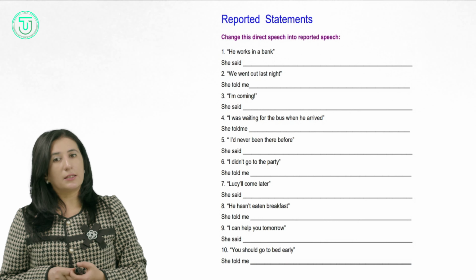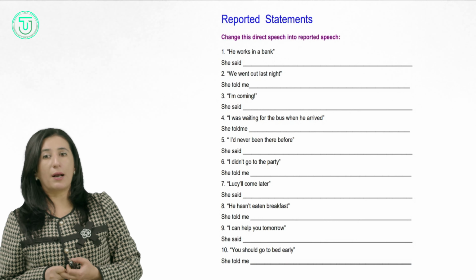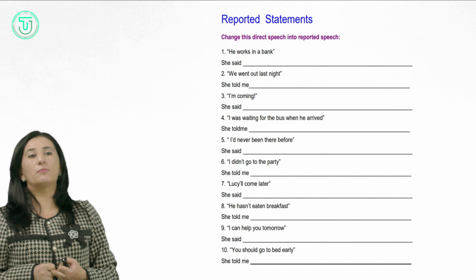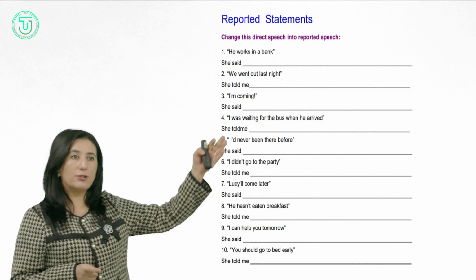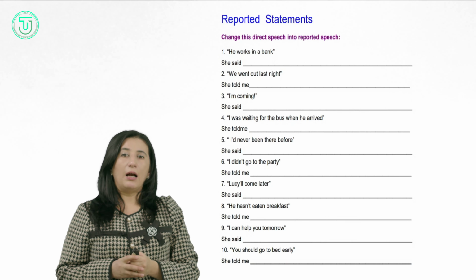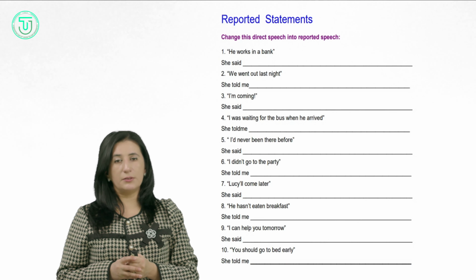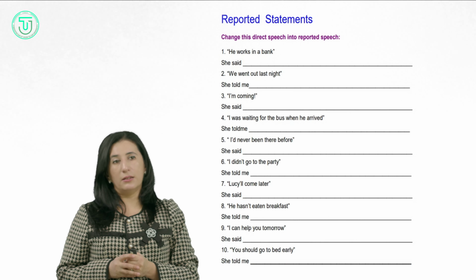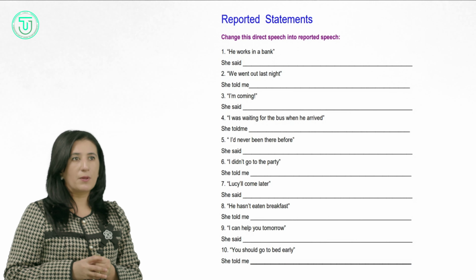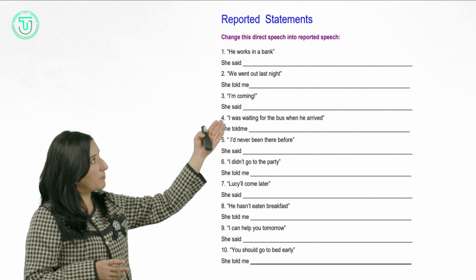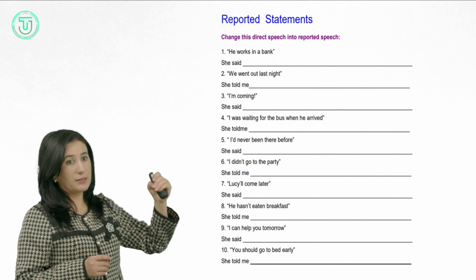Here are some examples, some practice of the things we have learned. We'll start the first two together, and then you will have 3-4 minutes to do the exercise and practice the learned knowledge. For example: "He works in a bank." He works in a bank is present tense.